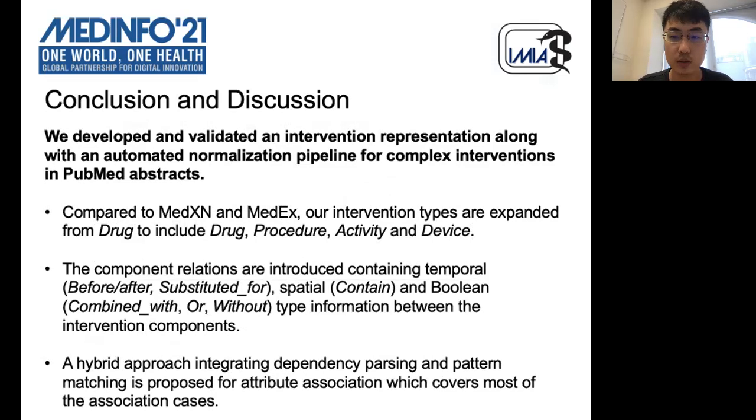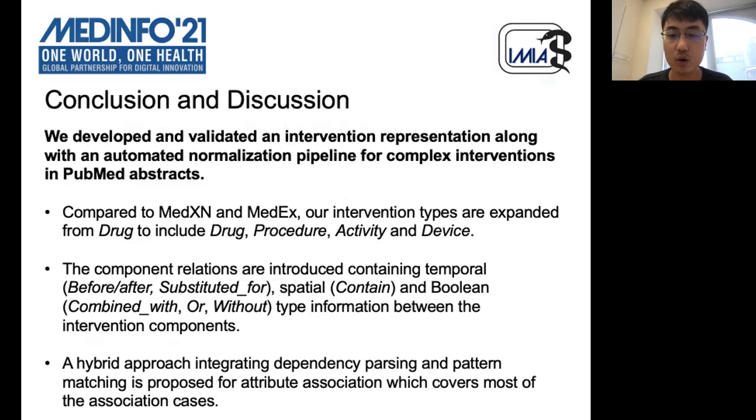To conclude, we developed and validated an intervention representation along with an automatic normalization pipeline for complex interventions in PubMed abstracts. And our system has several advantages. First, compared with other systems, our intervention types are expanded from drug to include drug, procedure, activity, and device.